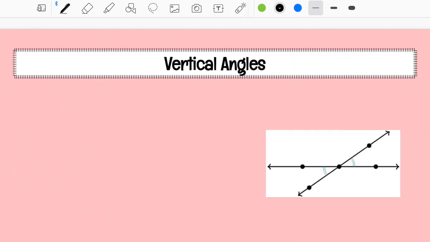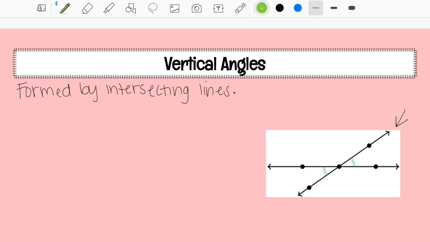Our last review is what we call vertical angles. And for those of you who don't remember what these are, they're formed when we have intersecting lines. So the first thing we want to say is these are formed by intersecting lines. And notice on the picture, they kind of form like a V for vertical.